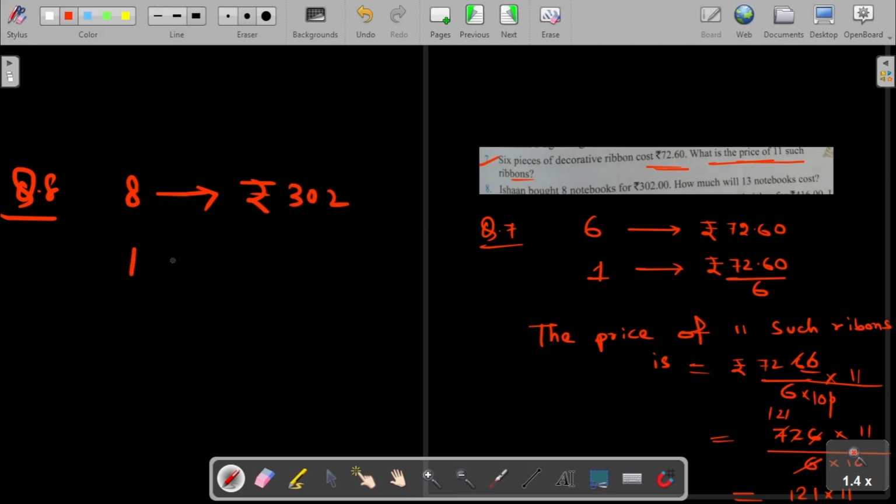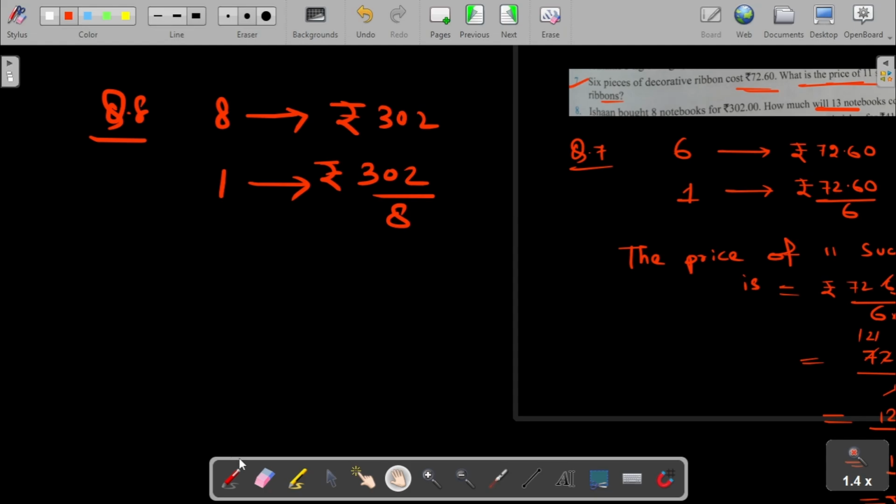Firstly we find the price of one notebook: 302 divided by 8. Then the cost of 13 notebooks is 13 multiplied by 302 divided by 8.